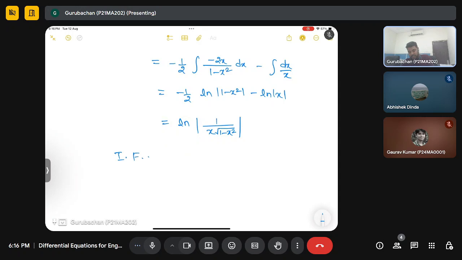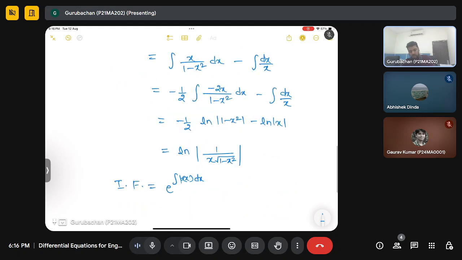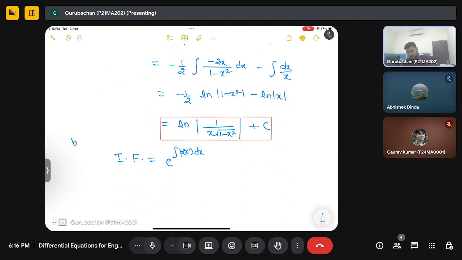Actually this is not the integrating factor, this is the integral of p(x) dx, and here there is also a constant c. For simplicity, since the integrating factor can be any multiple, for the time being we will keep it as some c, then I will let you know what value we assume for this c.